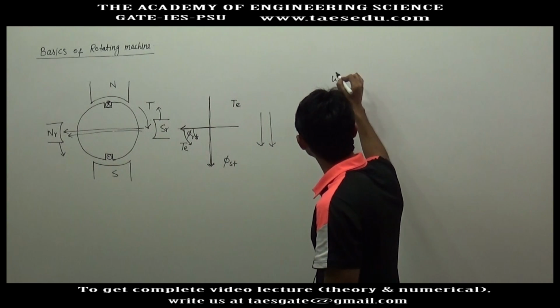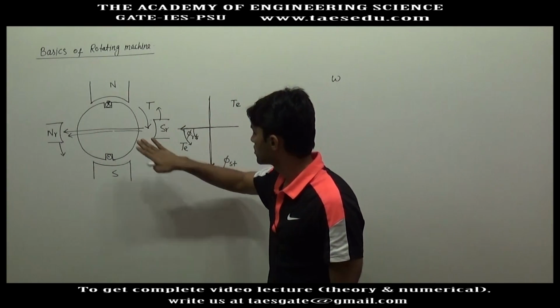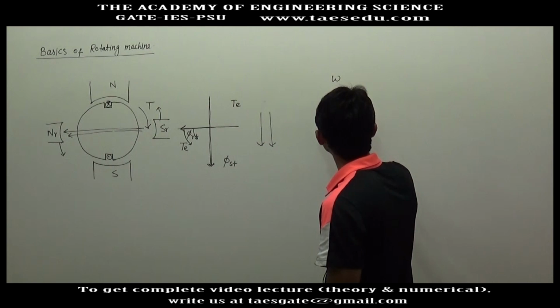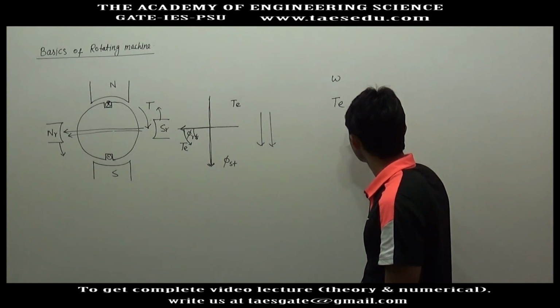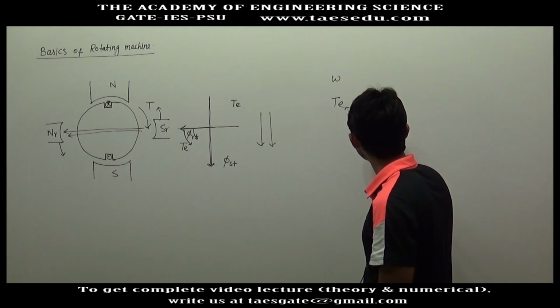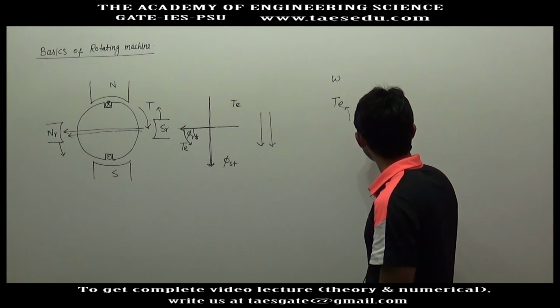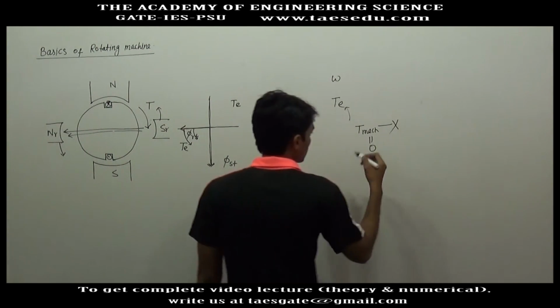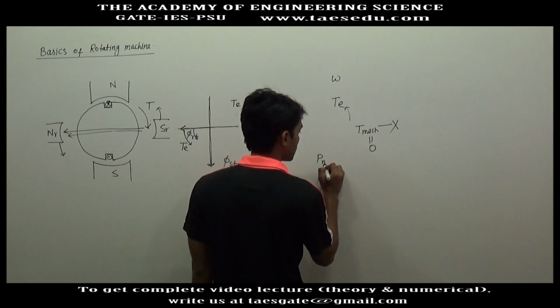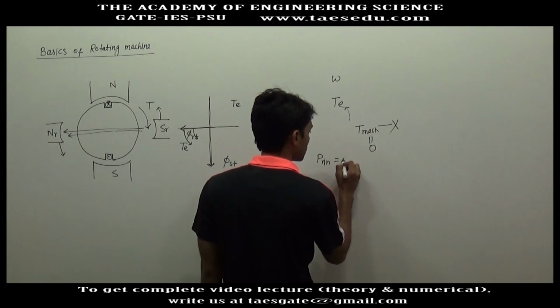Suppose you have to run the rotor at a constant speed and there is no opposing torque. If there is no opposing torque, to balance it, there will be no mechanical torque, or the input mechanical torque will be 0. If the input mechanical torque is 0, the input power will be 0.